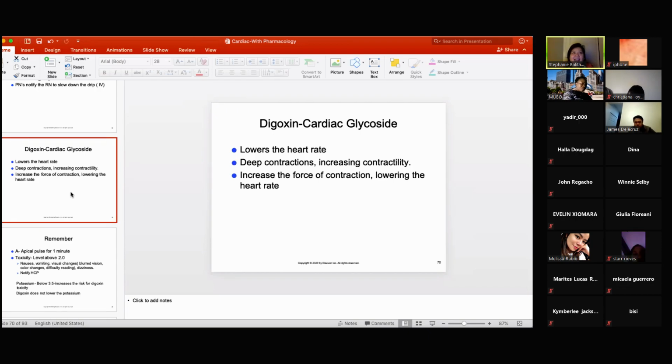So they want to have more meaningful contractions, slow but meaningful. So digoxin lowers the heart rate.